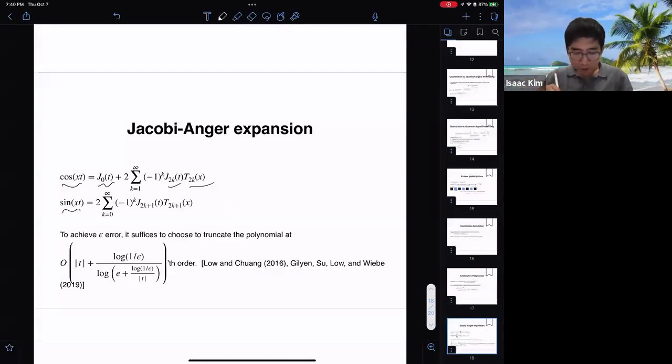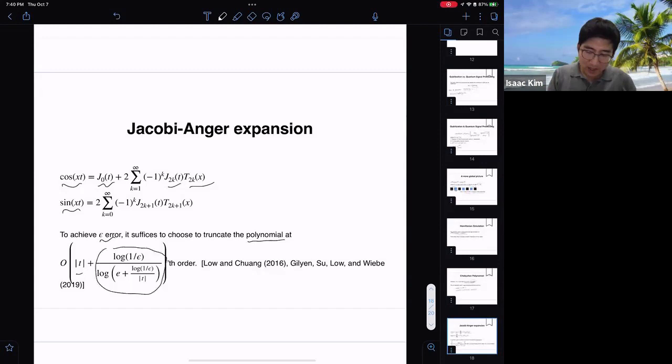And to achieve an epsilon error, it suffices to truncate the polynomial at an order of this form. So you have a term that scales linearly with the absolute value of t as expected. So there's a linear dependence there. And there's an additional additive contribution, which scales like this.